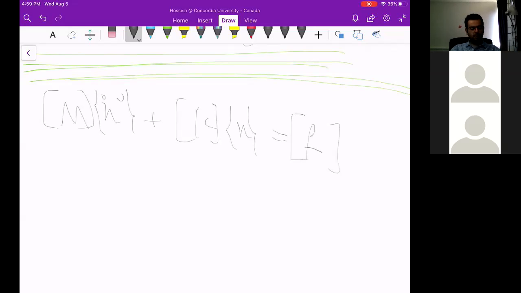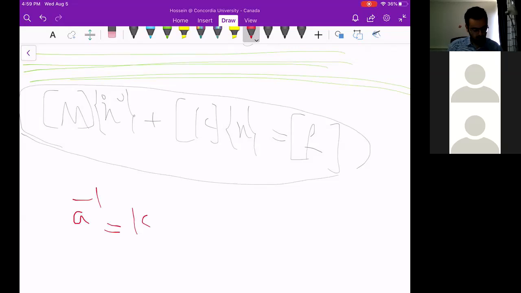So just Newton's second law or the Euler formula. But in some cases K is difficult, so we have another approach to find K: A inverse is K.